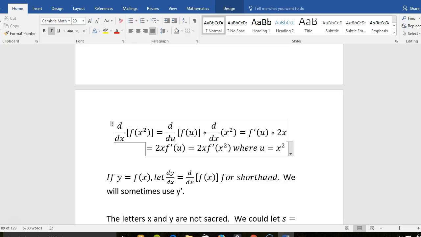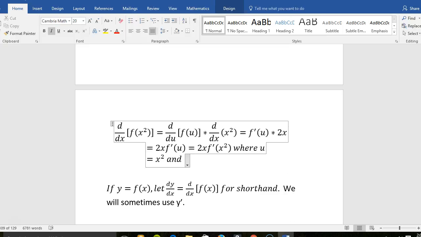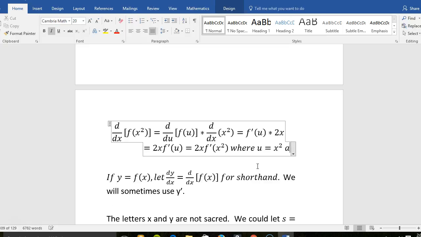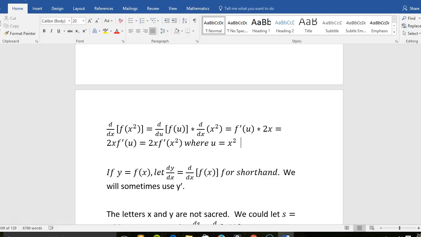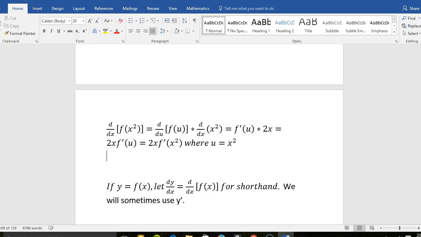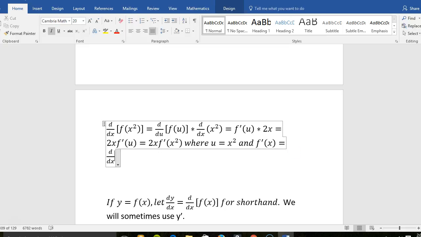This is very different from the last problem. And f prime of x equals d by dx of f of x.